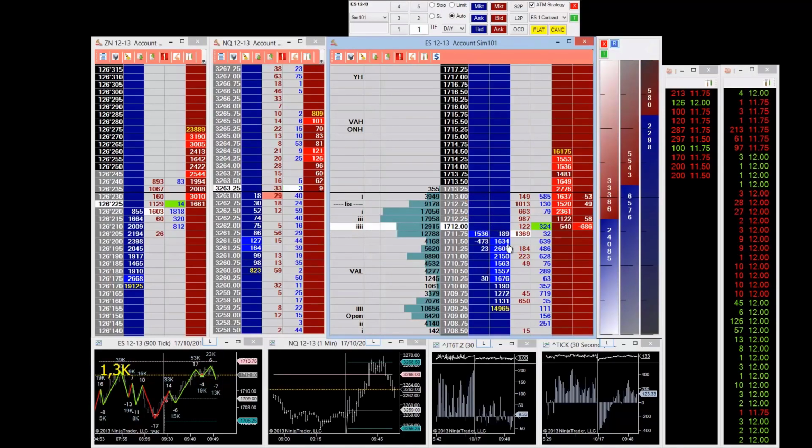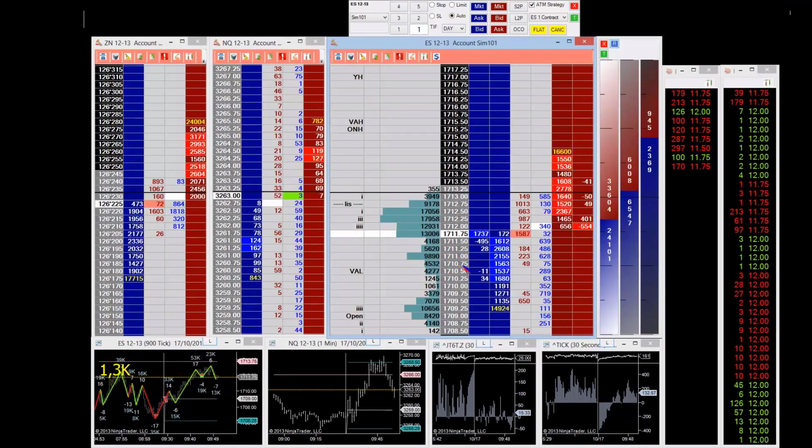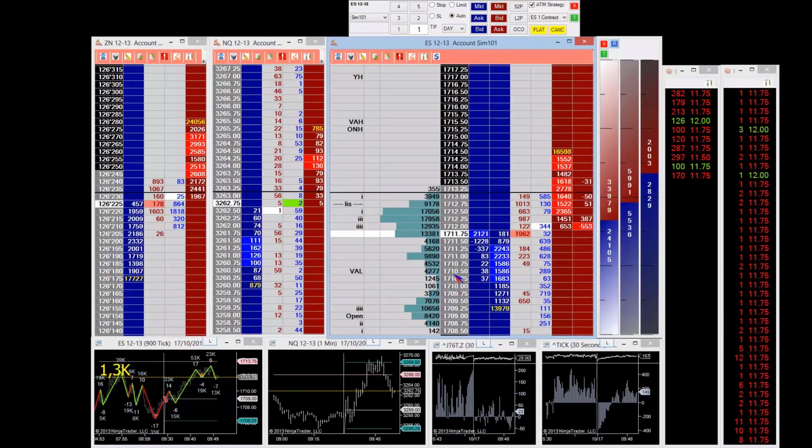So right now, probably the worst place for you to have a stop loss would be 17.11.50 or 17.11.25, because it's roughly in that area where people are going to bail out. If you've got a stop loss down here, 10.75, again, there's not much stopping the market going through there.